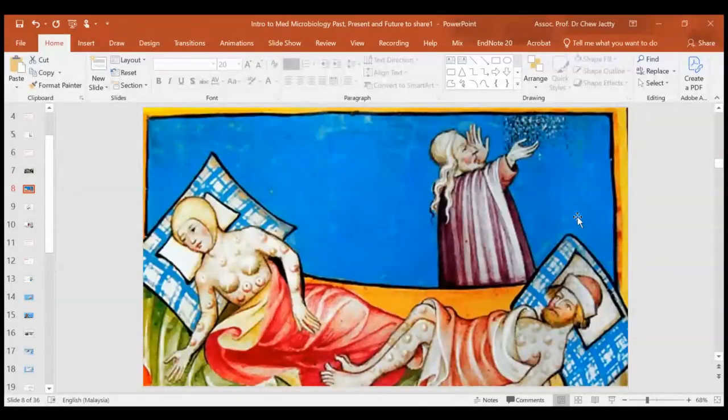If you read further on the Black Death on different websites, you will learn that one of the things that happened in the 14th century following it was the mass killing of Jewish people. How did it spread? It started when a group of sailors, people who travel by sea, came back and a lot of them got infected.